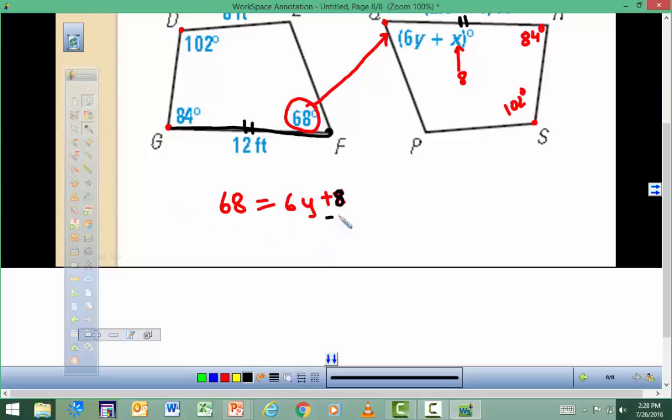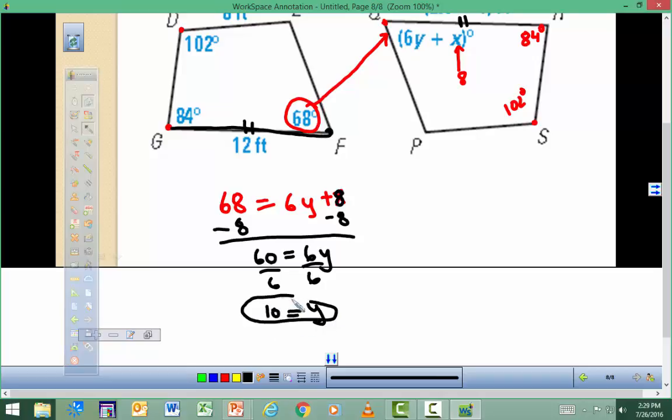I'm going to subtract 8 here, subtract 8 here, and this gives me 60 is equal to 6y. How easy is this? Divide by 6, and we get y is equal to 10. So the algebra is not too hard.